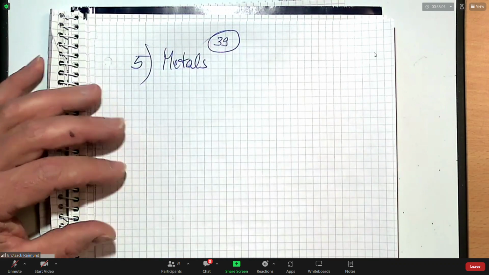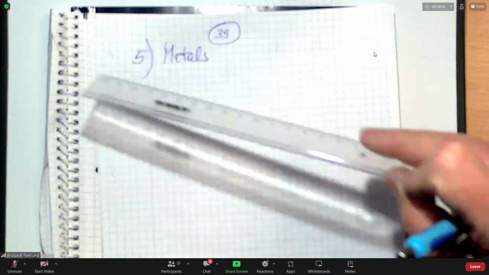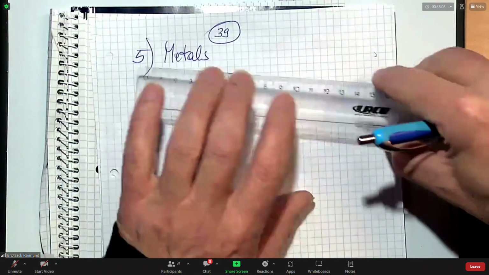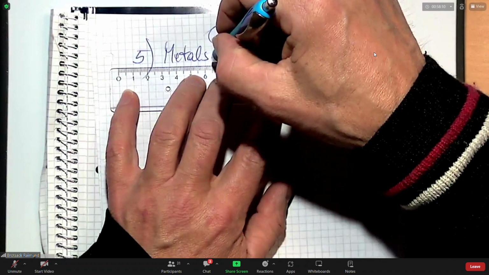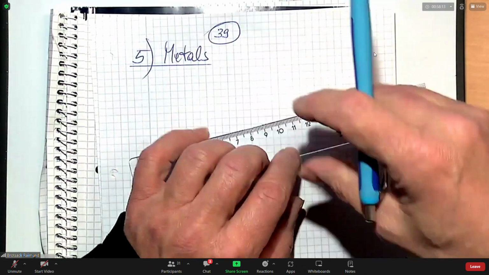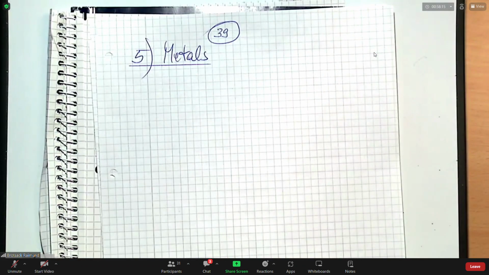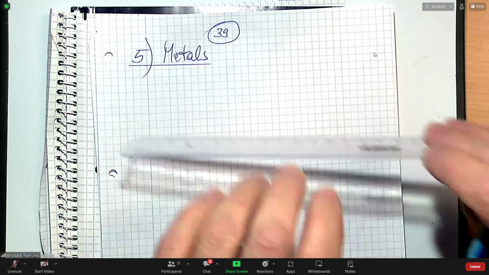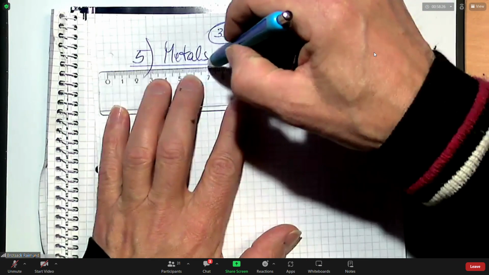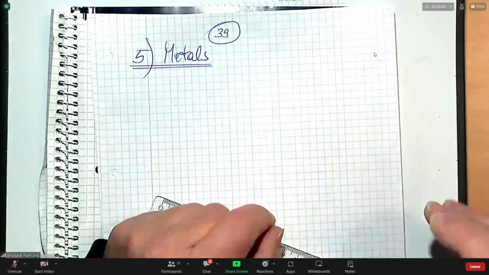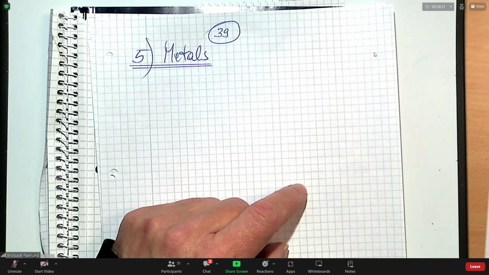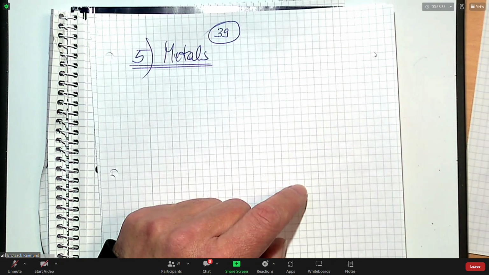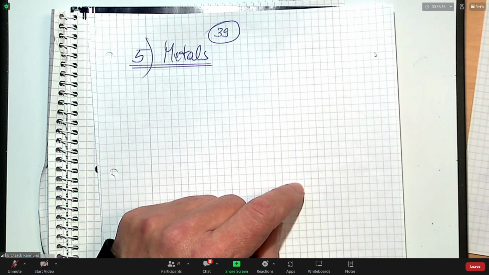Because metals, of course, are a very important material for a lot of industrial processes, production, in a lot of industries. So first of all, let's talk about the physical properties of metals.